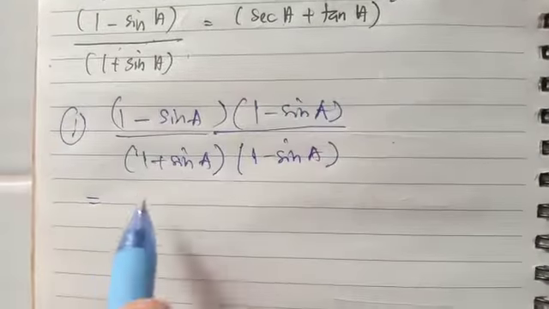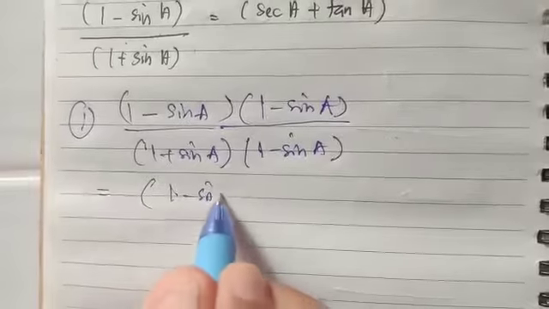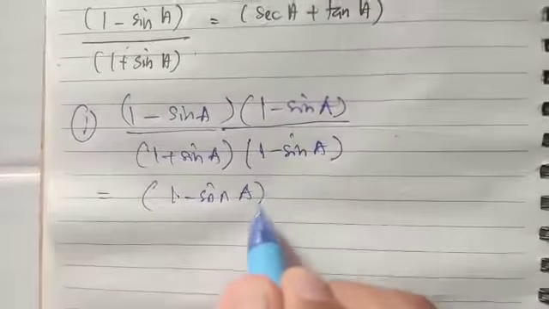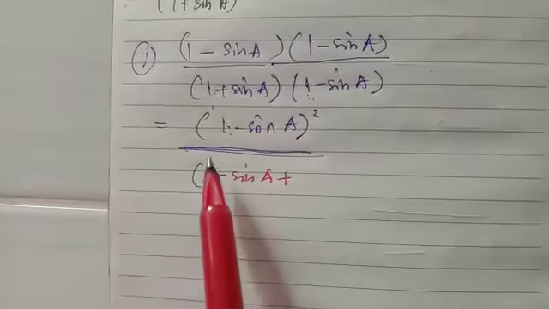When you see it, it will be 1 minus sine A, squared, in the numerator.